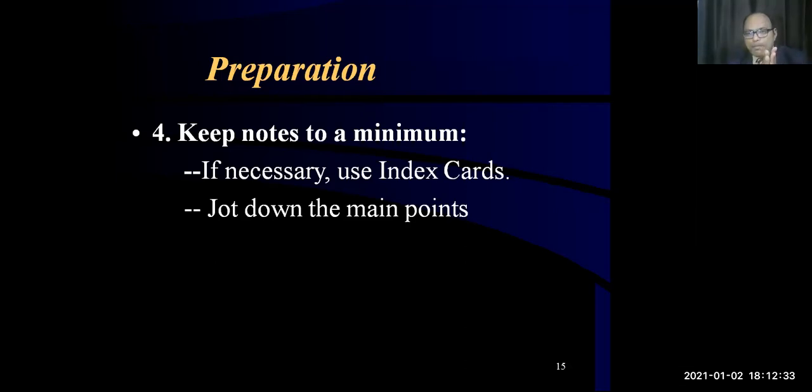If you are thinking of having certain points with you, you can use bullet points, you can use index cards, you can write certain buzzwords there, and on the basis of those buzzwords, you give the presentation. Jot down the main points. If you have written each and everything, then you won't be presenting, you would be reading.